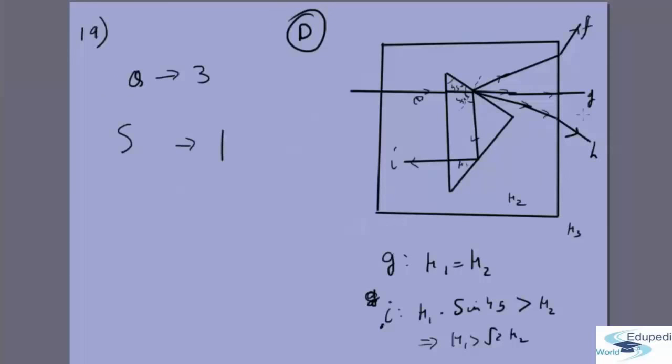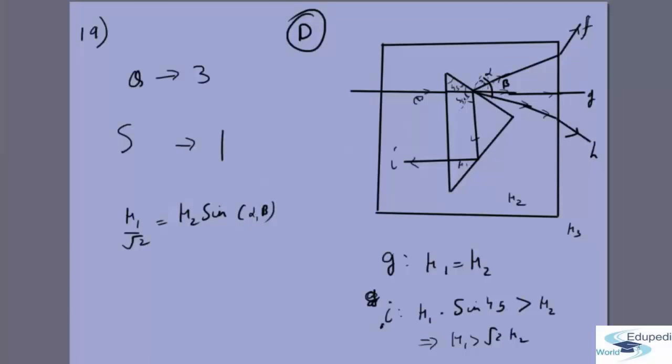Then now we need to look at mu1 and mu2, right? So this is 45 degrees. This angle alpha is less than 45 degrees, as this total angle beta is greater than 45 degrees. So obviously mu1 sine 45, mu1 by root 2, is equal to mu2 sine alpha, or whatever beta you want to have, right?